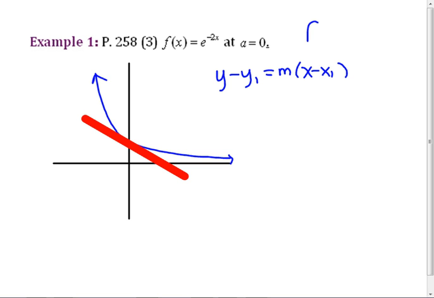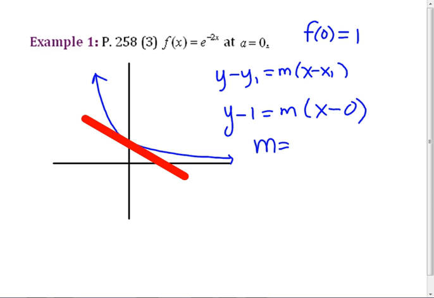What is f of 0? 1. So it's y minus 1 equals my slope, and it's x minus 0. So what's the slope? David, what's the slope? It's the derivative with respect to x of e to the minus 2x, evaluated at x equals 0.